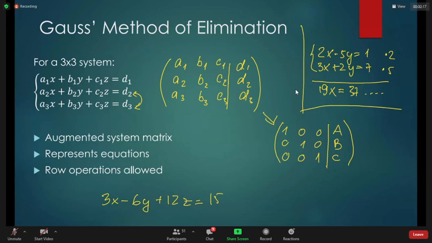And so once we have used these row operations to obtain the identity matrix on the left-hand side, the first row in this matrix means that 1x plus 0y plus 0z equals A, 0x plus 1y plus 0z equals B, and 0x plus 0y plus 1z equals C, and we have the solution of the system.